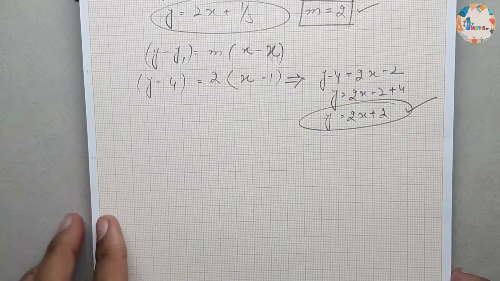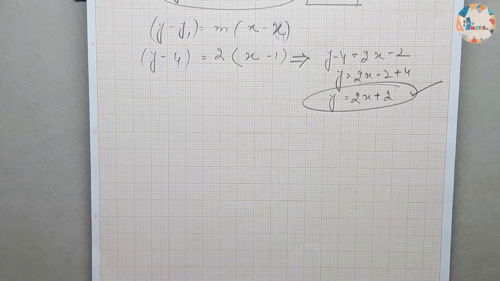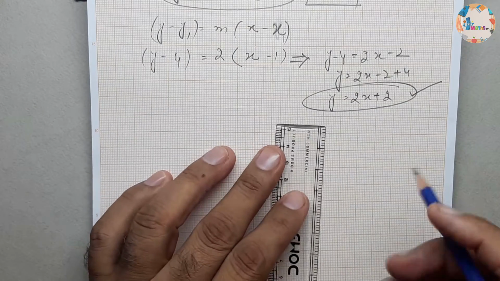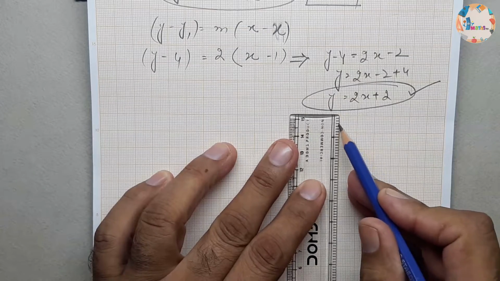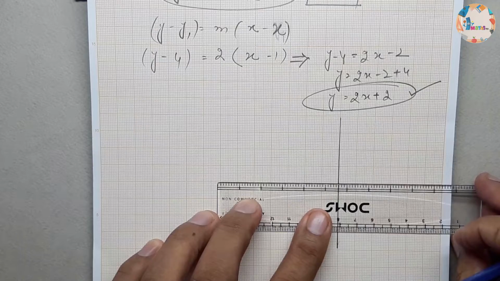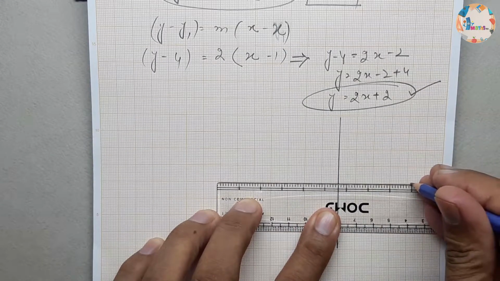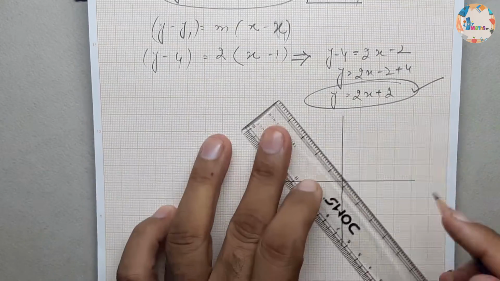Sometimes they are giving us the graph, and they are asking us, for example, if it is like this situation, this is the graph given, and this is the coordinate axis.